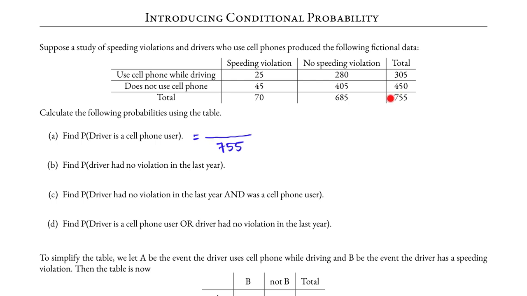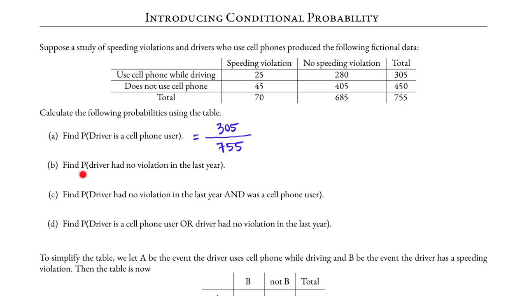Out of these 755 people, how many of them use a cell phone, whether they have the speeding violation or no speeding violation? The total of people who use a cell phone while driving is 305. And so the answer is 305 over 755. We will simplify it to a decimal number, but for now just leave this as it is so that we can refer this back to the table where the 305 comes from.